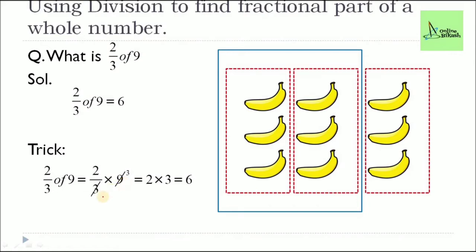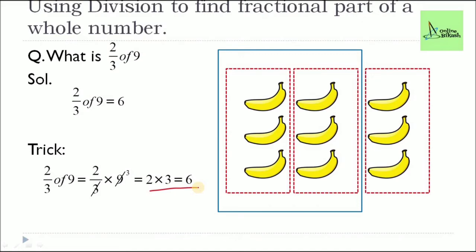Then we will divide this 9 by this 3, then we will cancel them. 3 threes are 9, so that's why I have written the small 3 here, because 9 will be cancelled by 3. Now what are we left with? 2 multiplied by this small 3, so 2 into 3 is 6. 6 is our answer.